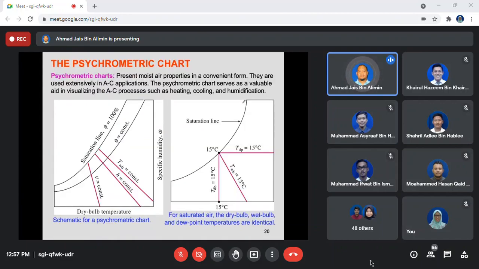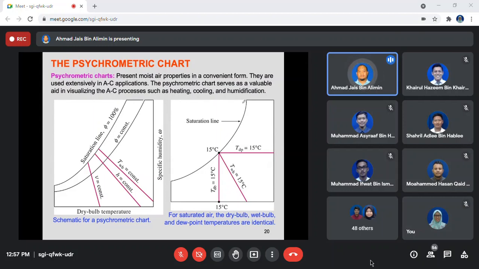Okay, before we finish for today, the psychrometric chart presents the moist air properties in a convenient form. And if you are in the air conditioning industry, you really use this as your guide, as a tool to measure, because the air conditioning unit, or what we call the split unit or aircon in common terms, we are dealing with the removal of moisture.